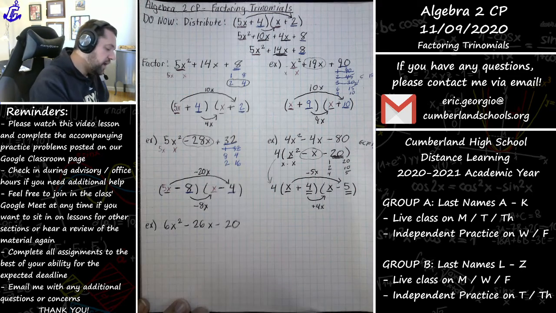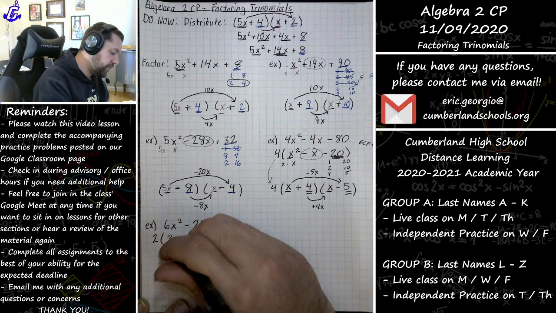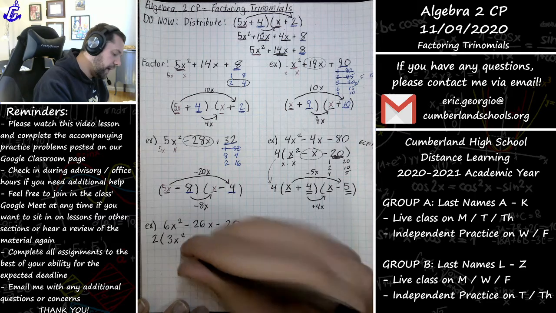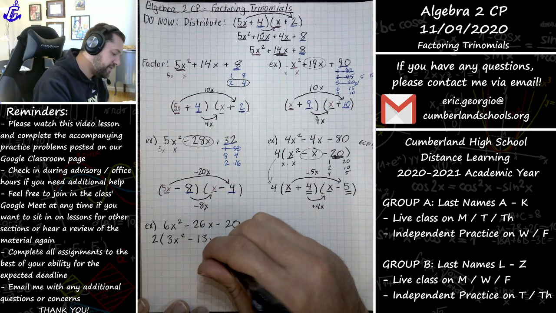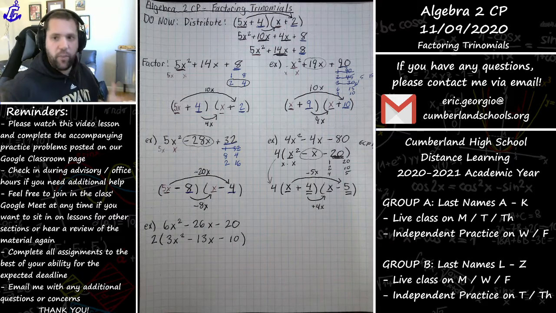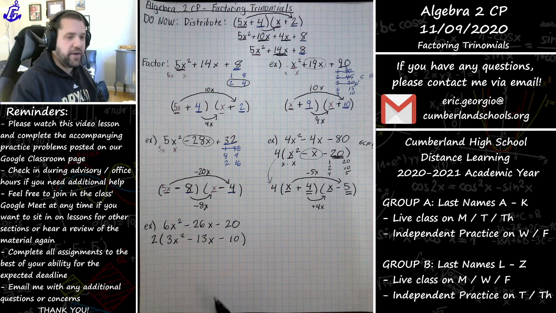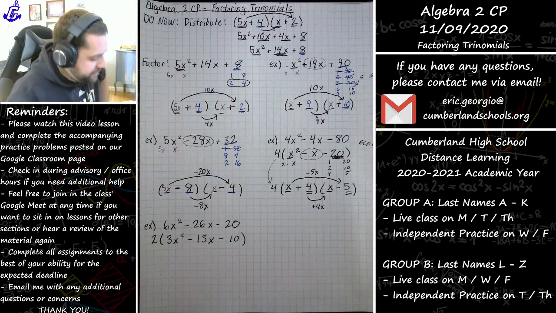I would see, ooh, I could take out a greatest common factor of 2. If I do that, that gives me 3x squared minus 13x minus 10. And that's just much easier to deal with. Why not deal with smaller numbers if we can, right? And then if you don't, at the very end, you'll have to take out common factors. It's way easier to do that at the beginning, in my opinion.